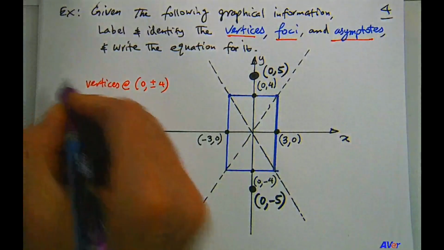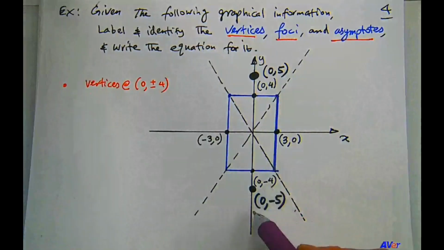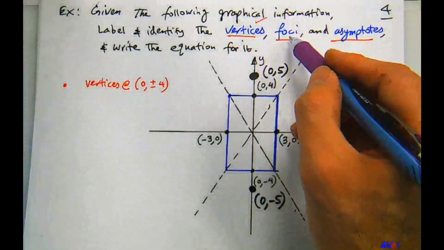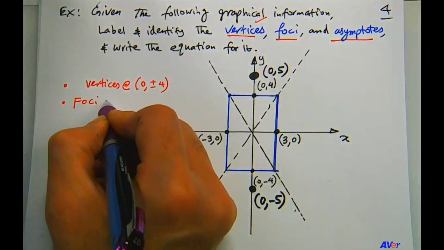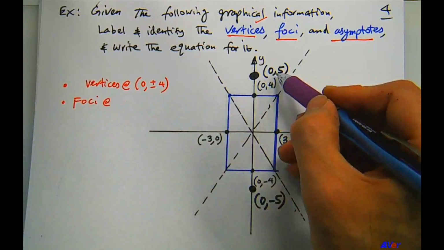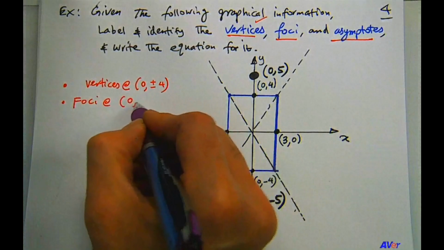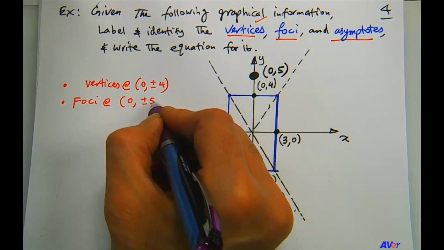That's where they are, 0, 4 and 0, -4. So we did that. What about the foci? The foci, or focal points, are at 0, 5 and 0, -5. So this is plus or minus 5.